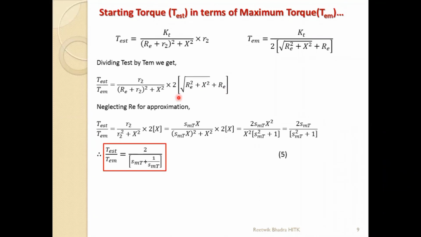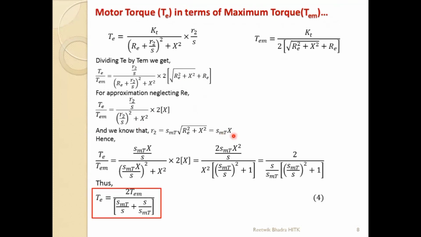Then what we'll do, we'll make some approximation by eliminating Re. Re eliminated, so the lower term becomes R2 square plus x square. This Re neglected, so this term becomes twice x. Now again replace the value, R2 is equal to SmTx over here.